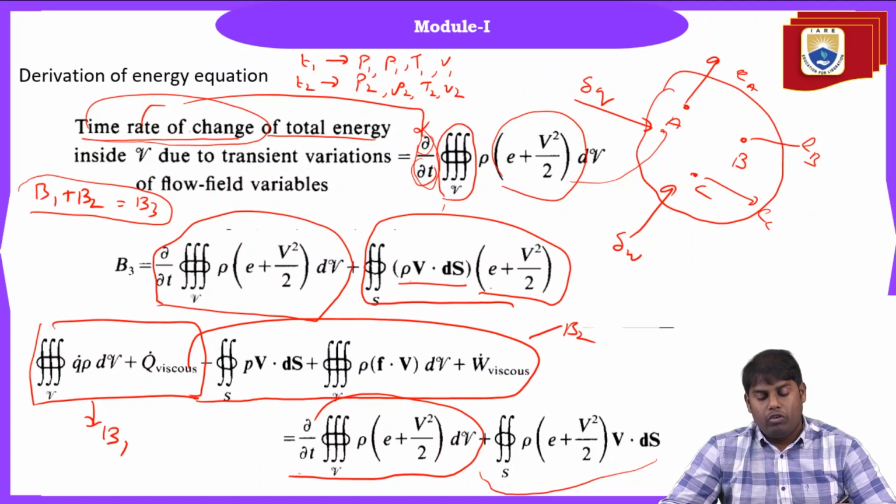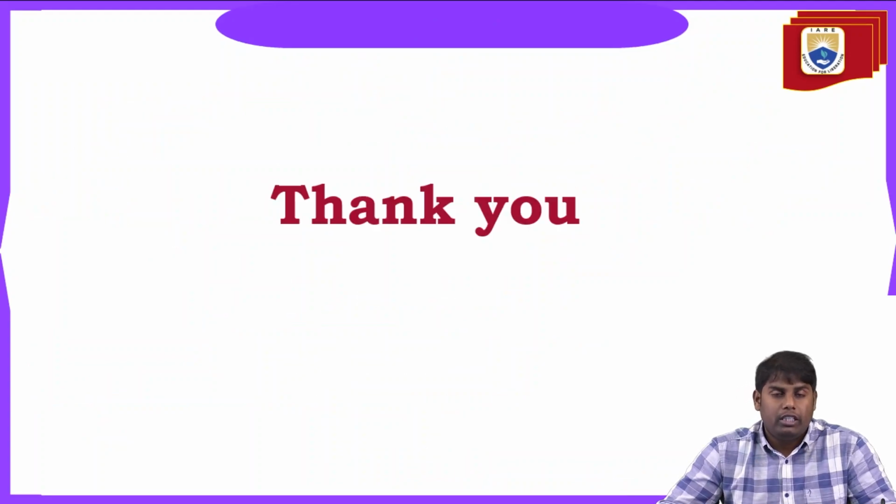Fine. So with this, we have seen the derivation of the conservation of energy equation, where we have seen the transformation of energy, heat and work, from one form to another. When you have the interaction of work and heat, then there is a change in internal energy.